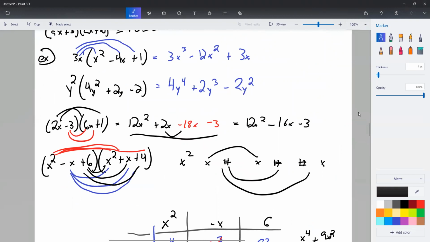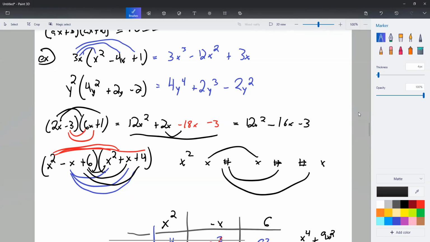Could we simplify the final answer because all of the coefficients are divisible by 2? No, that is simplified. Just because you can take a 2 out of all of them does not mean that makes it simpler. There's no equal sign that's compelling us to divide by 2 or divide by 3 or anything like that. So no, just leave them.